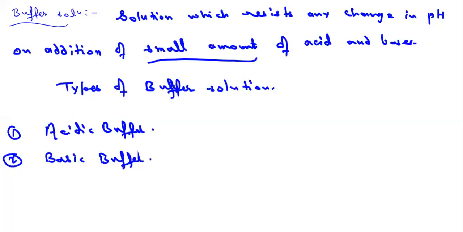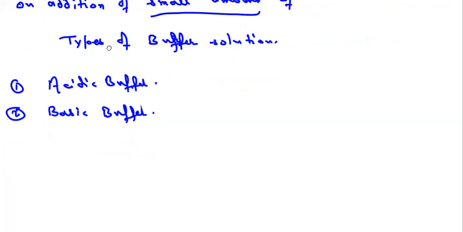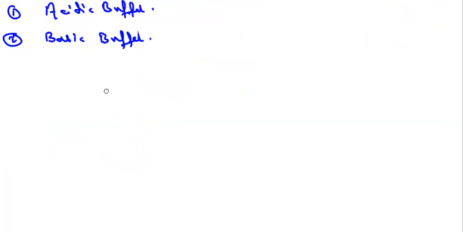But if you are trying to make an acidic buffer or a basic buffer, then you have to take a mixture. For an acidic buffer, the first thing is a weak acid, and you also take a salt of a weak acid and a strong base. You know very well that salt is made up of an acid and a base, isn't it? So for an acidic buffer, you take a salt made up of a weak acid and a strong base.